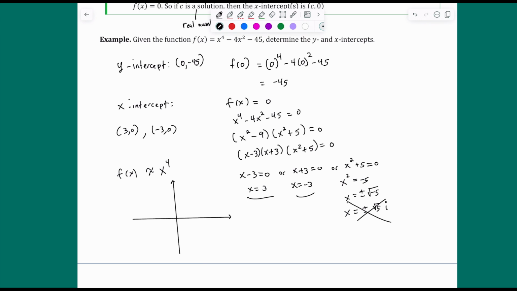We would have x-intercepts at negative 3, 0 and positive 3, 0, and it would have a y-intercept at 0, negative 45. Not drawing to scale, by the way. 0, negative 45, way down here. And the graph, we know, would behave very much like a U-shape and shoot up like that. Okay, so that's it for this video.